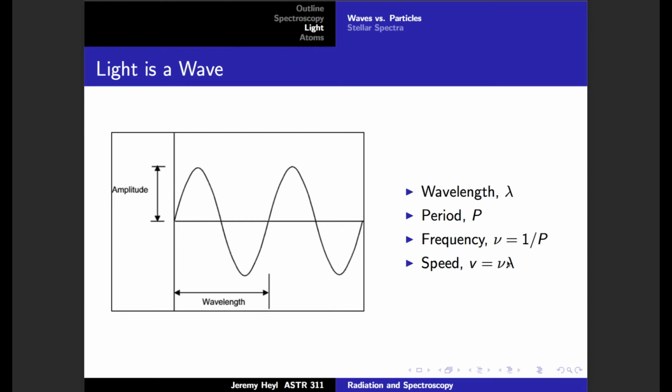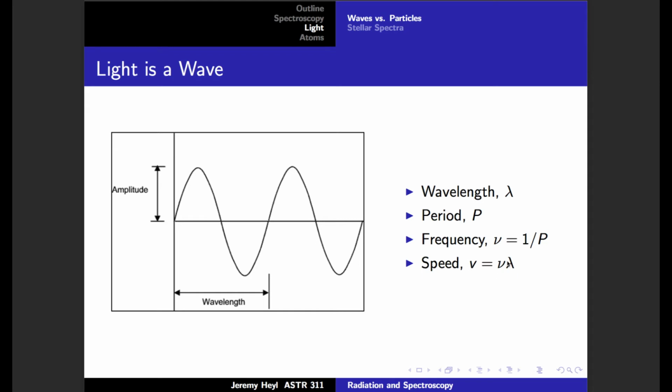Hertz means once per second. So for example, your cell phone is about 2.5 gigahertz, 2.5 billion oscillations per second. That's also similar to the frequency in the microwave oven, about 2 gigahertz. That's radio waves, okay? The radio waves that you listen to on the FM radio are about 100 megahertz, 100 million oscillations per second.